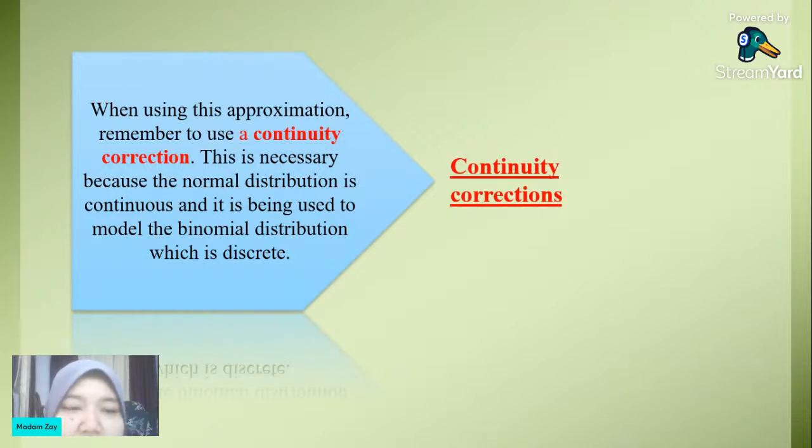This is necessary because the normal distribution is continuous and it is being used to model the binomial distribution, which is discrete. So we are adapting this binomial distribution, which is discrete, into a normal distribution, which is continuous. If it's originally a binomial and we adapt it to normal, then we have to do this step, the continuity correction, before we continue just like the usual normal distribution.